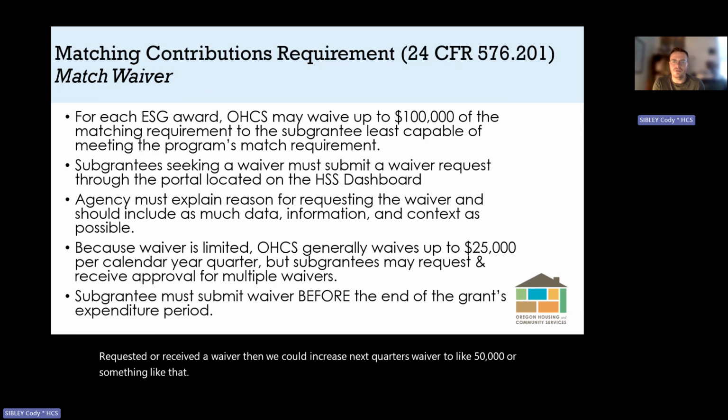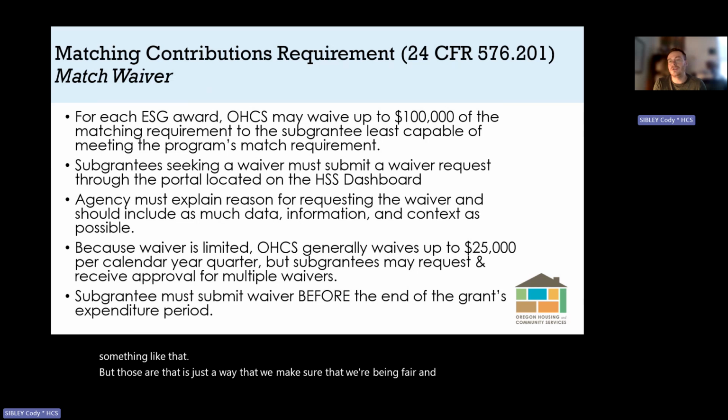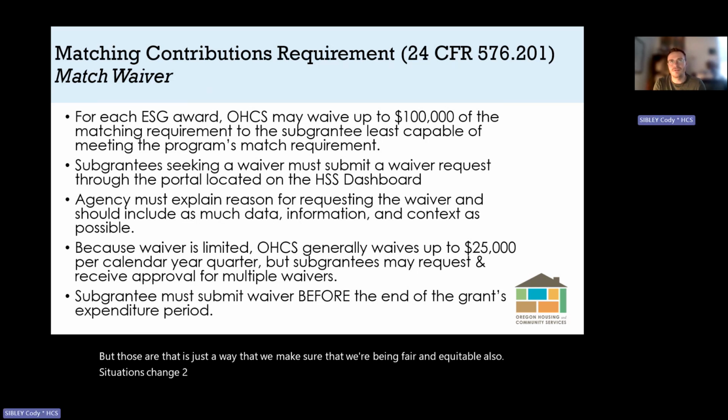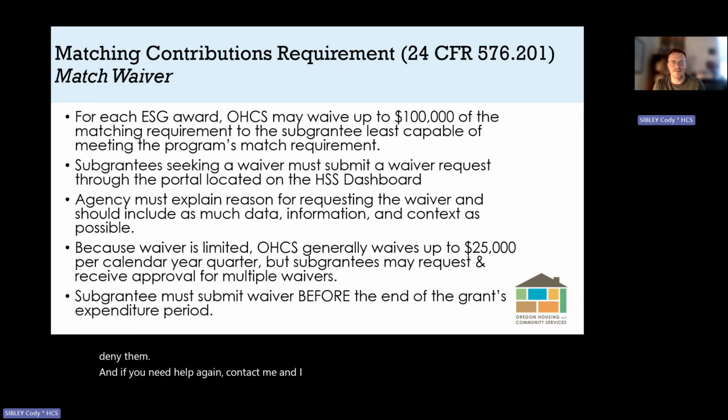But yeah, that is just a way that we make sure that we're being fair and equitable. Also, situations change. 2 years is both not a long time at all and a very long time. So yeah, just submit as many waivers as you need and we can continue to either approve or deny them. And if you need help, again, contact me and I can offer assistance there.